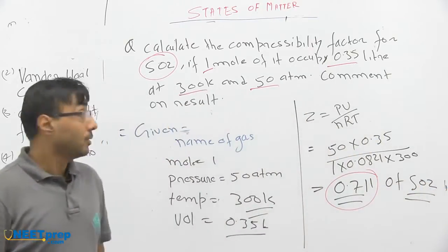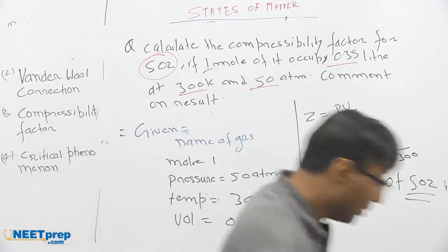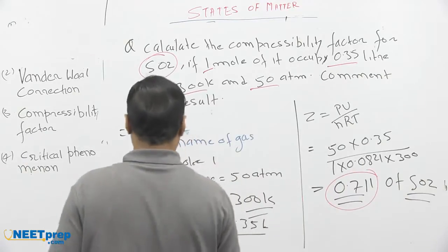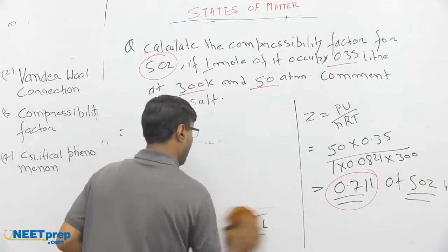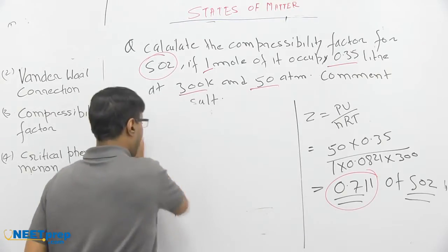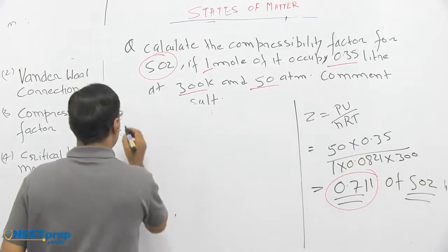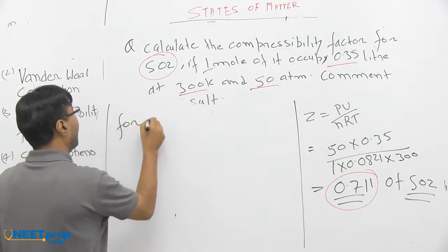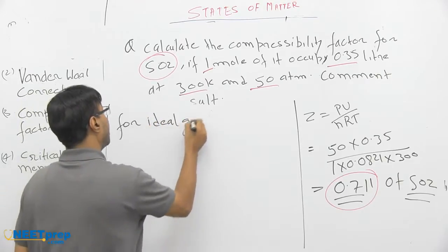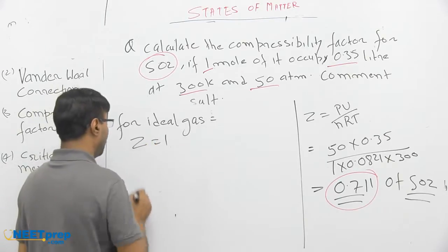It was very easy. Now we need to find the comment on the result. We will compare it with ideal gas. For ideal gas, compressibility Z is equal to 1.